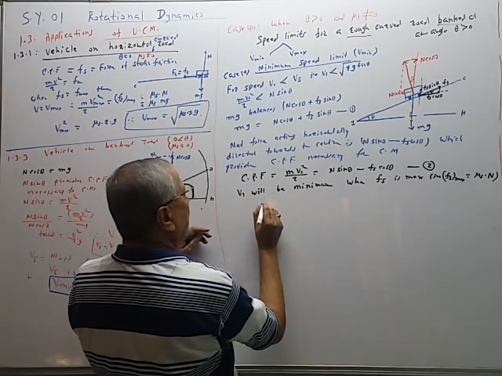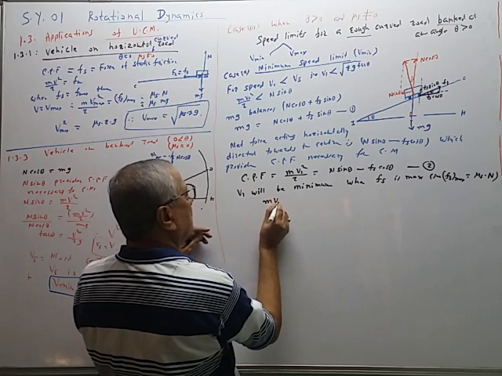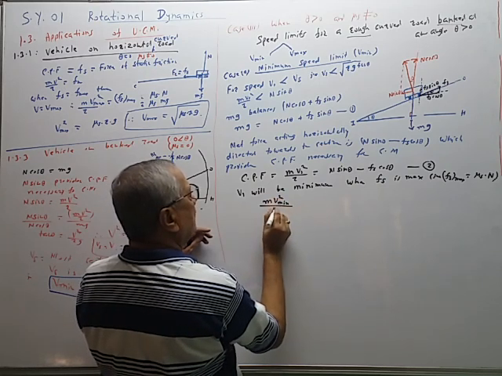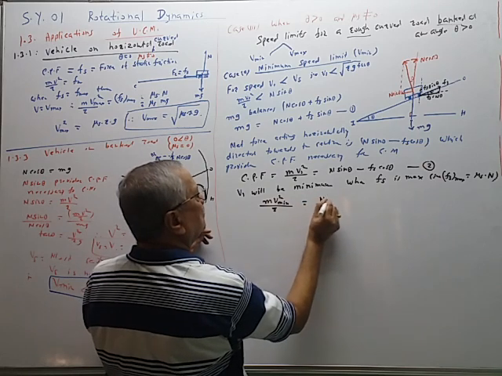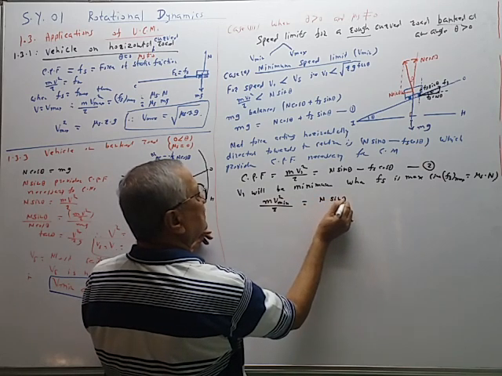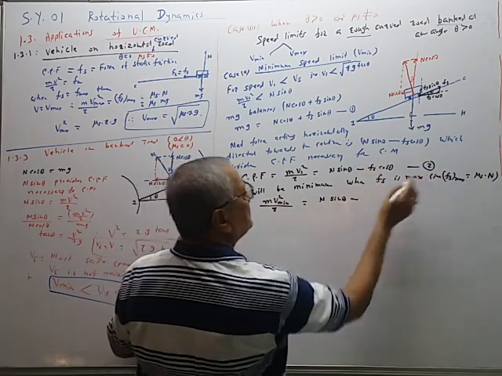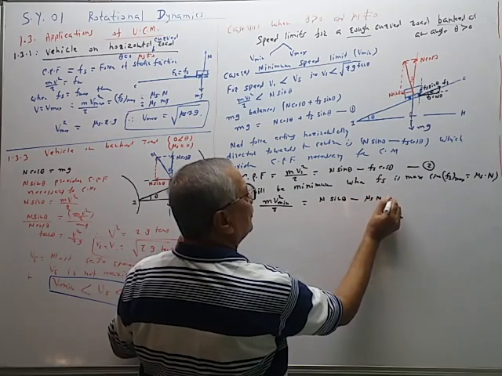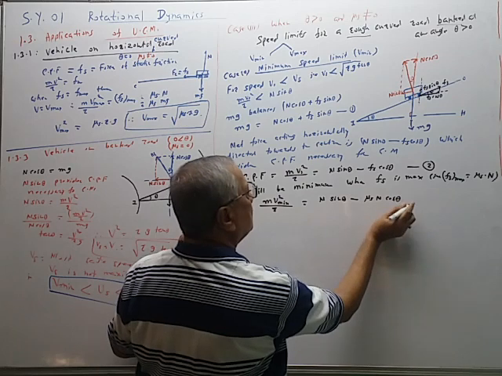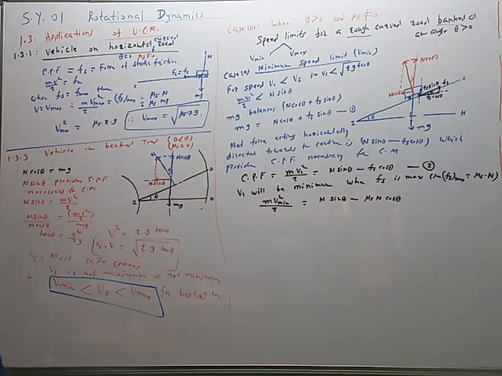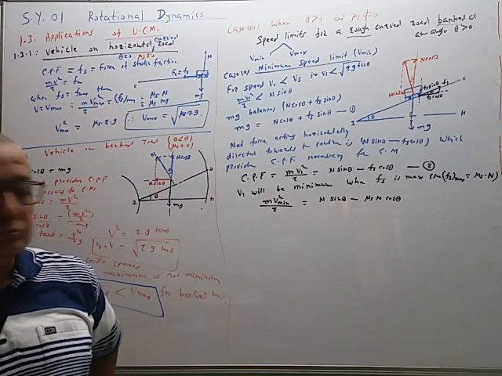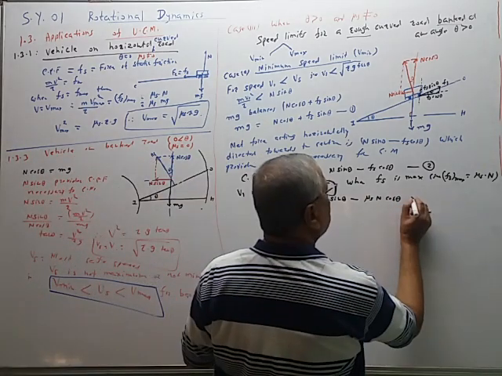And therefore m v minimum square upon r is equal to N sin theta minus, as it is, Fs replaced by mu s into N into cos theta, like this. So this is equation 3.